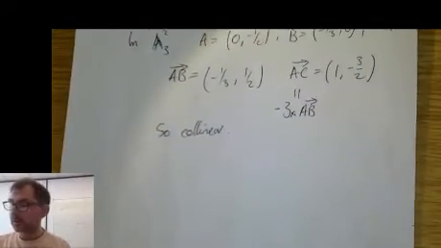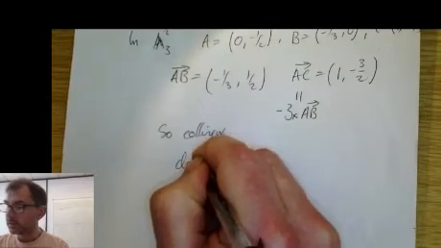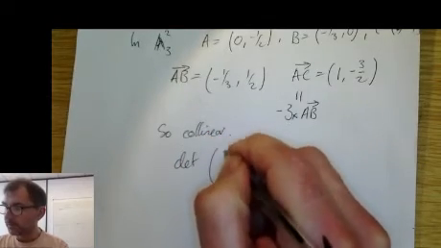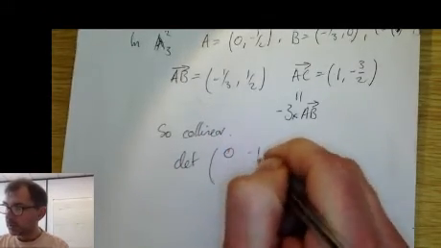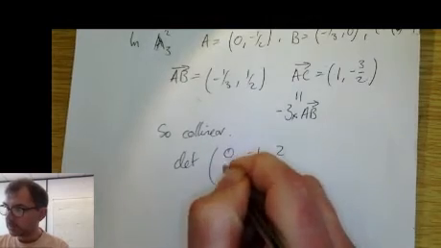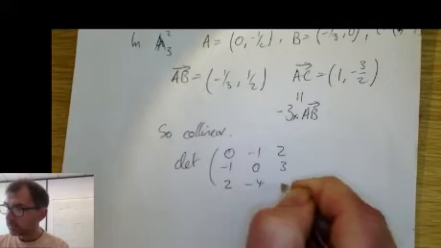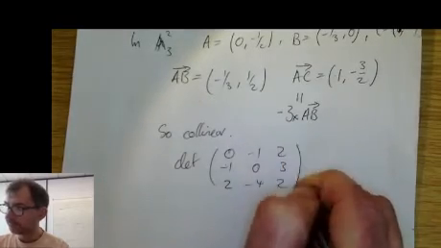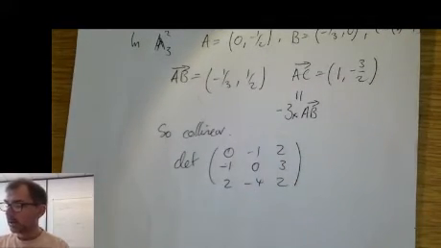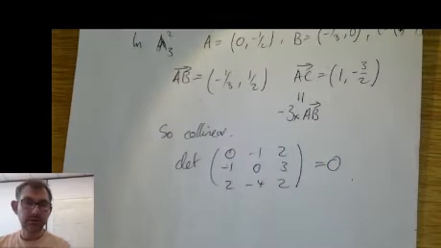And if you didn't believe that, then we can always do the determinant of (0, -1, 2), (-1, 0, 3), (2, -4, 2), and I will leave you to check that that's a 0.